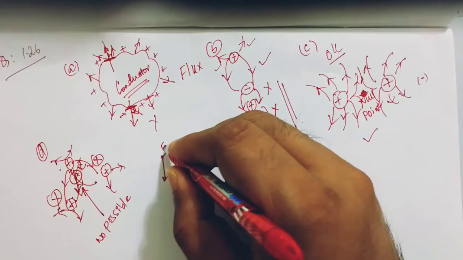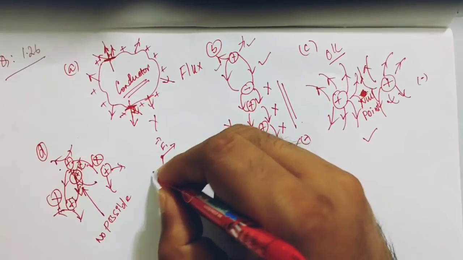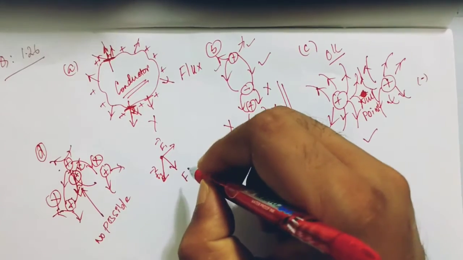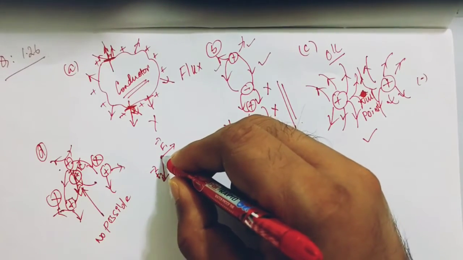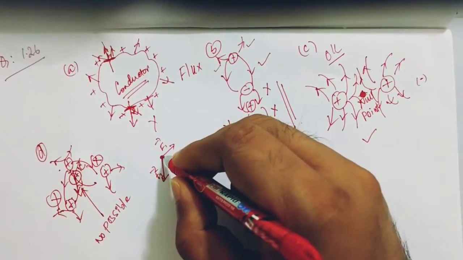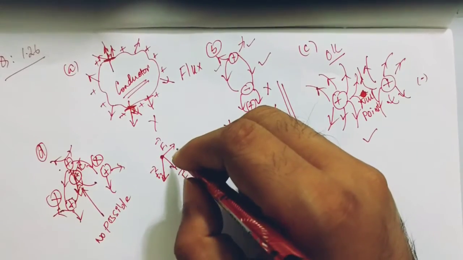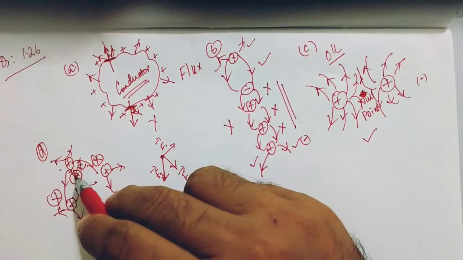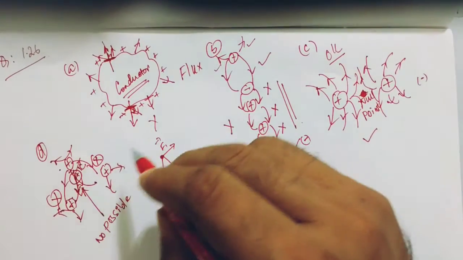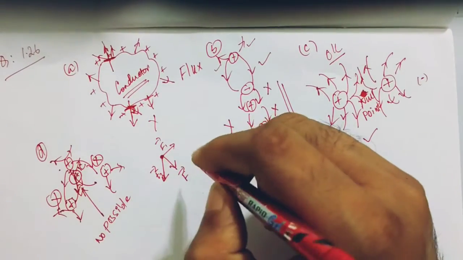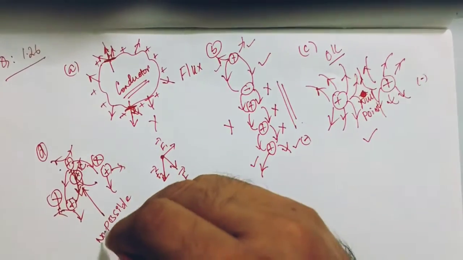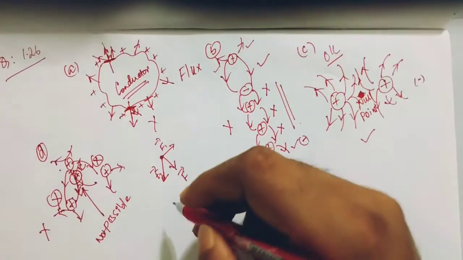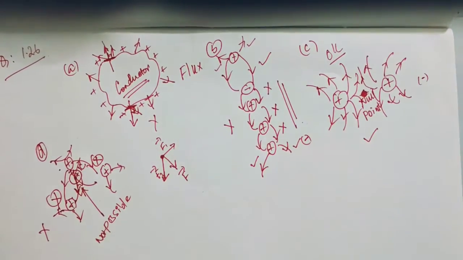Suppose this is F1 and this is F2. Overall there will be some resultant force at that particular point. So only one single field line will be observed at a particular point. That is why two field lines never cross each other. So this case is also wrong. This case also does not represent the electrical field line, correct.